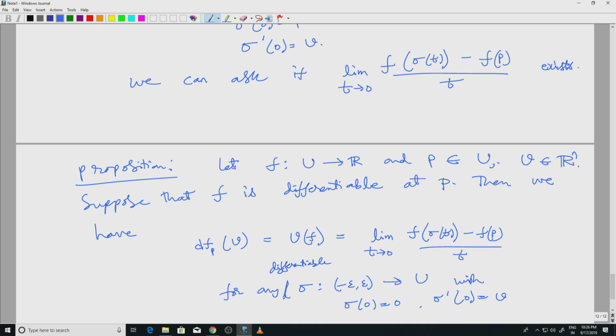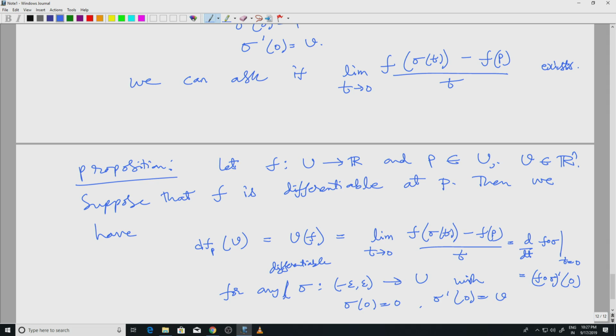Notice that the last thing here is the same thing as the derivative in the usual one variable sense, d by dt of f composed with sigma at t equals 0, or it's the same thing as f composed with sigma prime at 0. So in short, this is going to be very helpful later on.